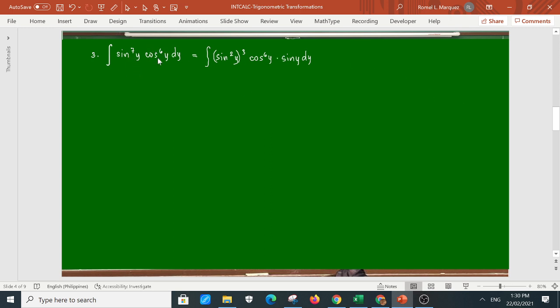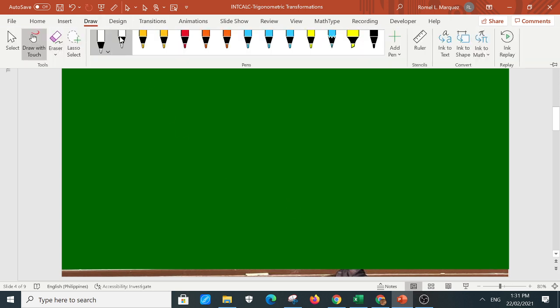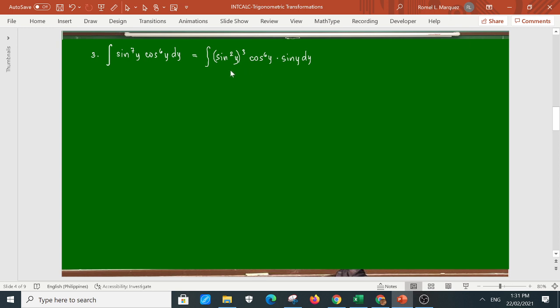And then you just copy the even power and this is what you're going to transform. Don't forget your attendance. You need to transform this. That is to be transformed in terms of 1 minus cosine squared y. And then you have to expand to the third, the binomial form. Okay, bye guys.